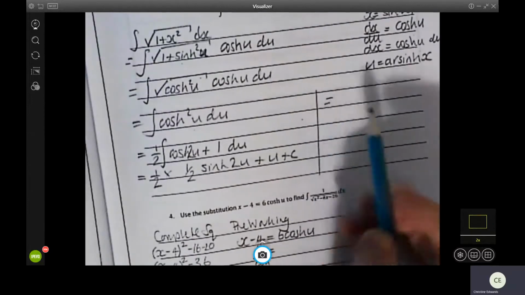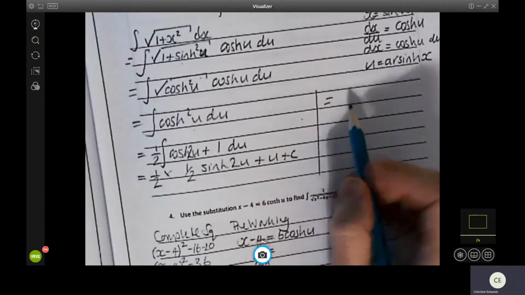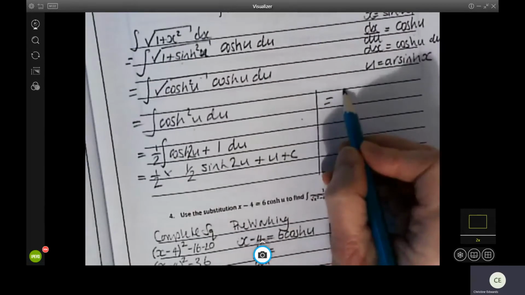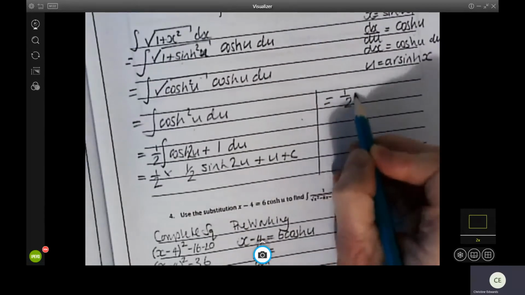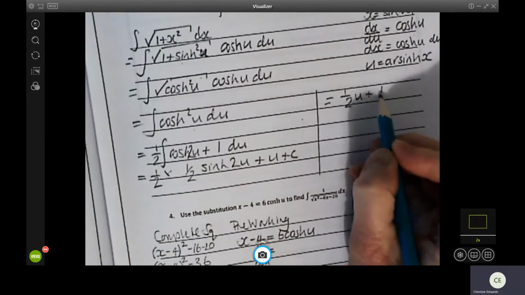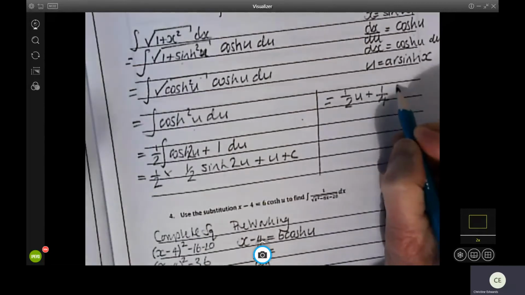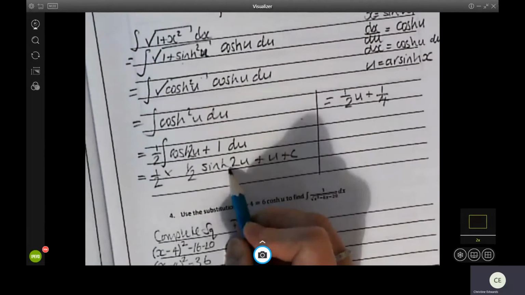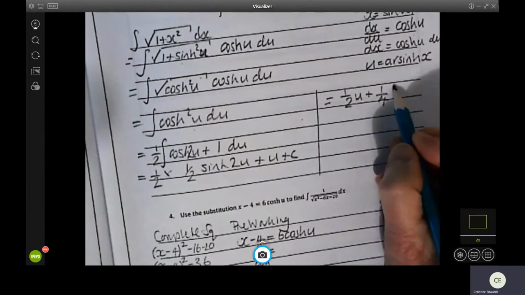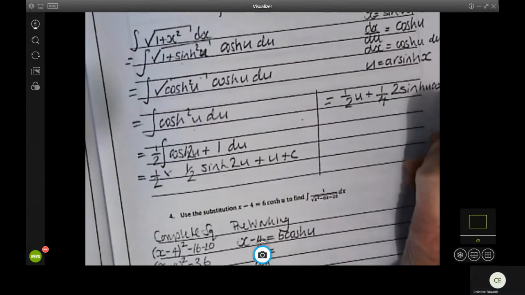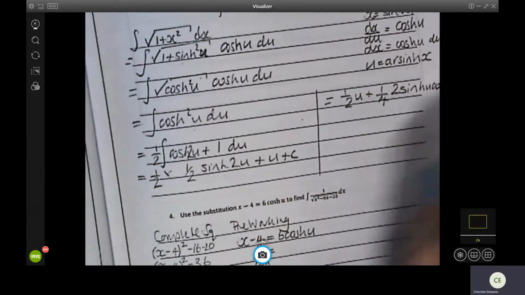So multiplying this through, we have a half u plus a quarter of sinh 2u. I'm going to use the double angle here. I'm going to use 2 sinh u cosh u plus c.